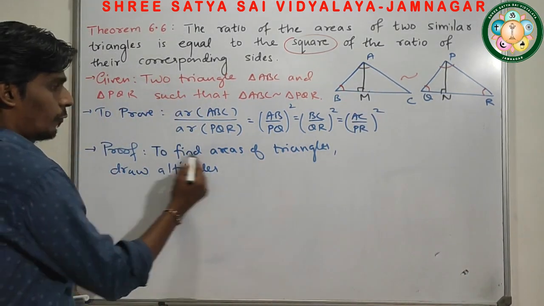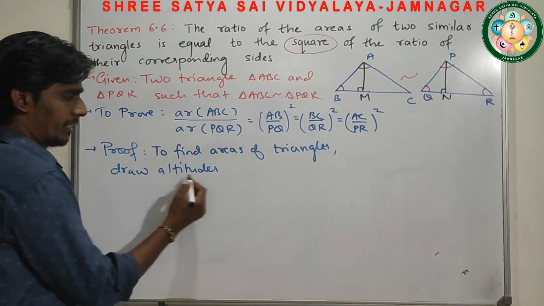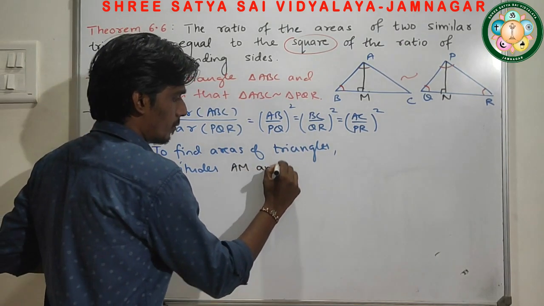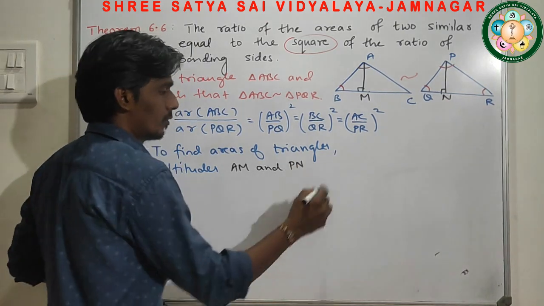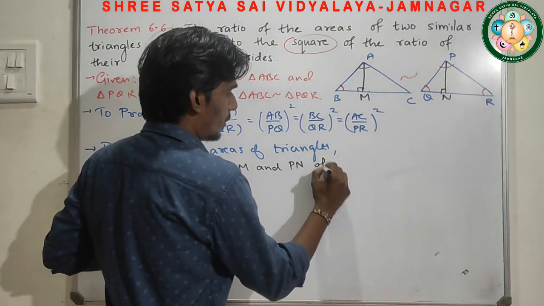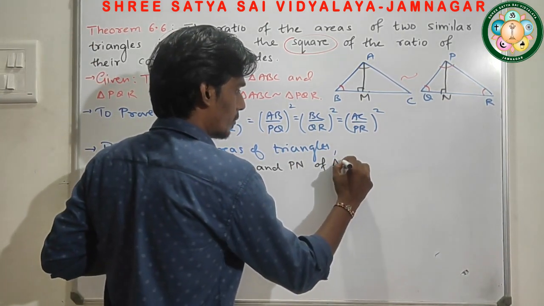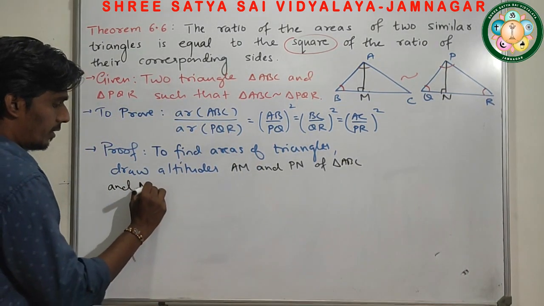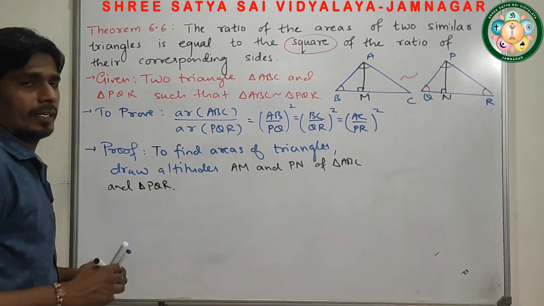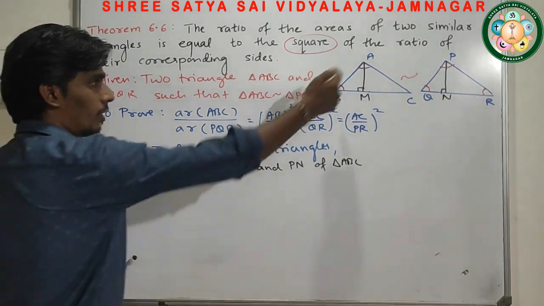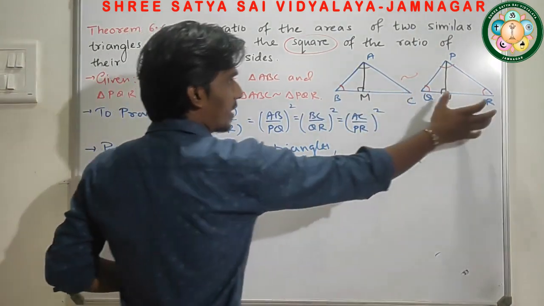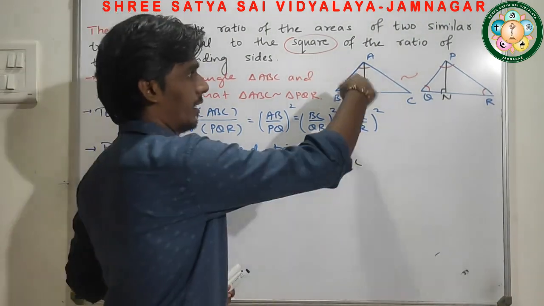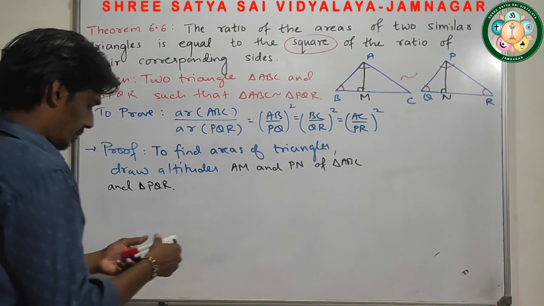Now to find areas of triangles, draw altitudes AM and PN of triangle ABC and triangle PQR. Now already we got the altitude, BC is the base, QR is the base. It is possible to write the formula for the area of triangle ABC.